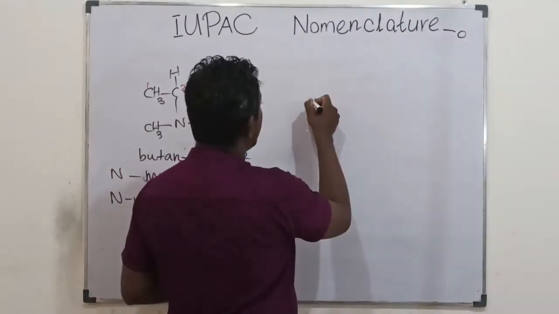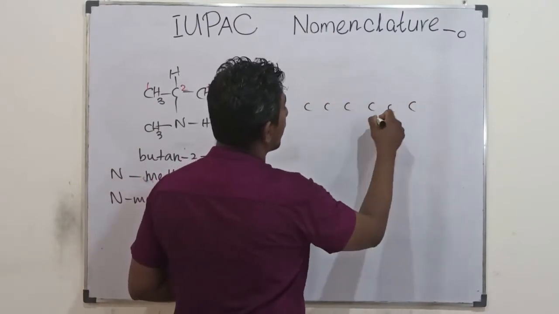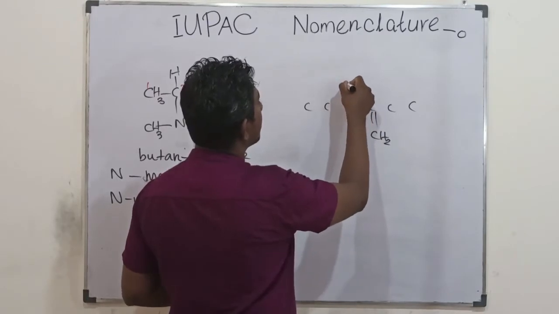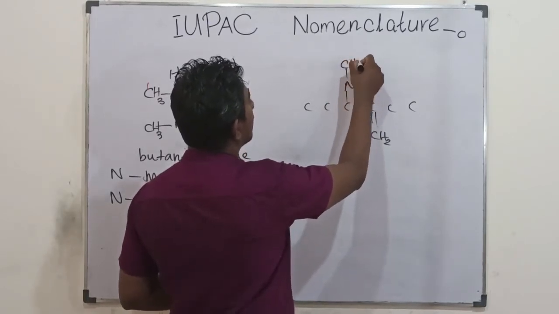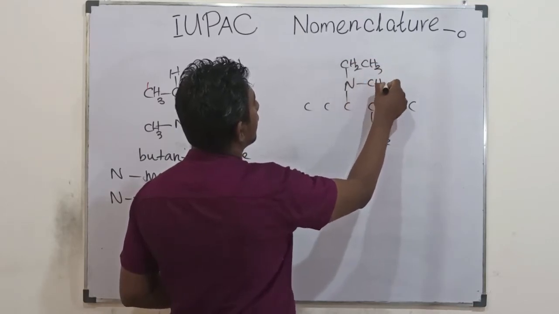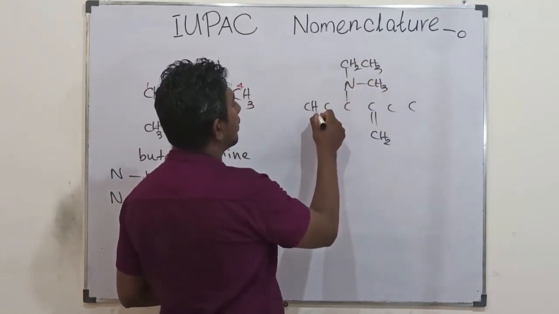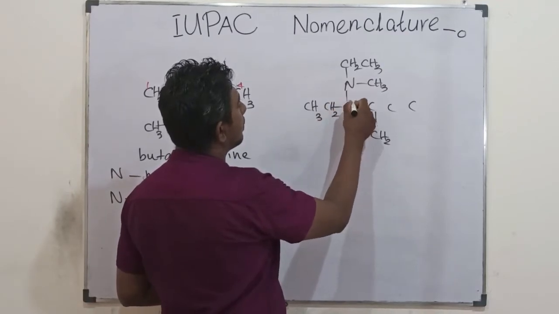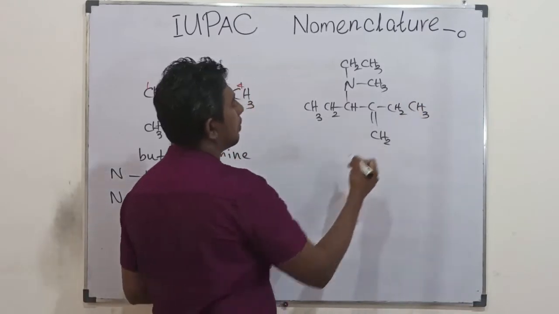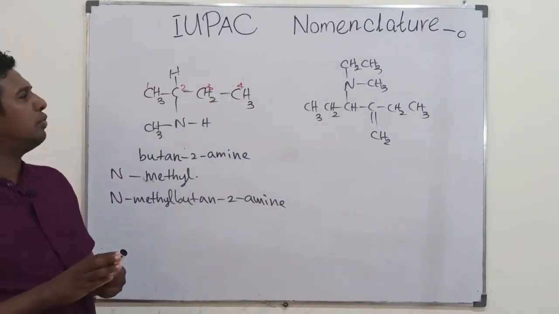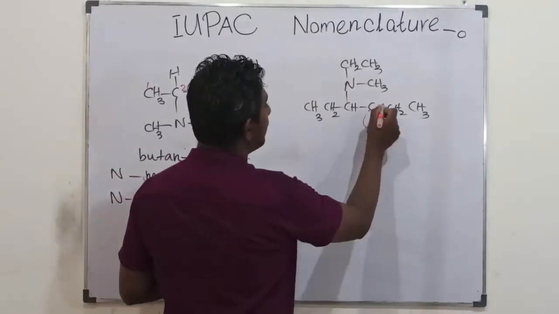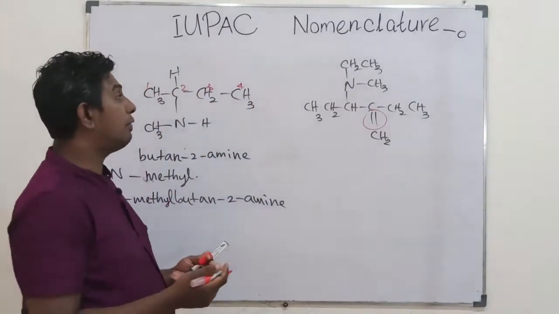Okay, let me give you another example. When you have this kind of compound, what you need to do first is find out the existing functional group. This is a carbon-carbon double bond, therefore an alkene.